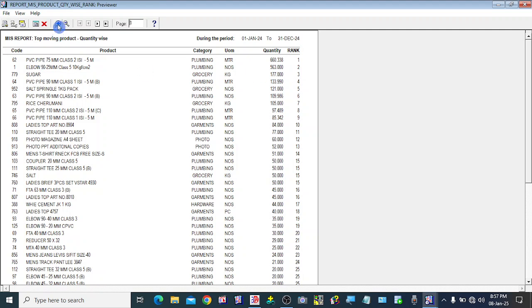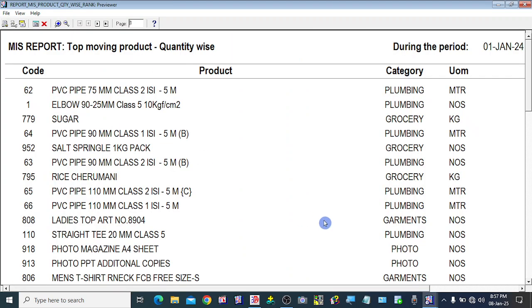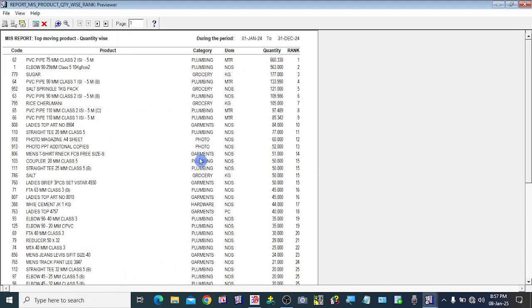This report is a very useful managerial report to analyze which product is the fast moving product in my store in quantity wise. Quantitative information we can see with the help of this report.